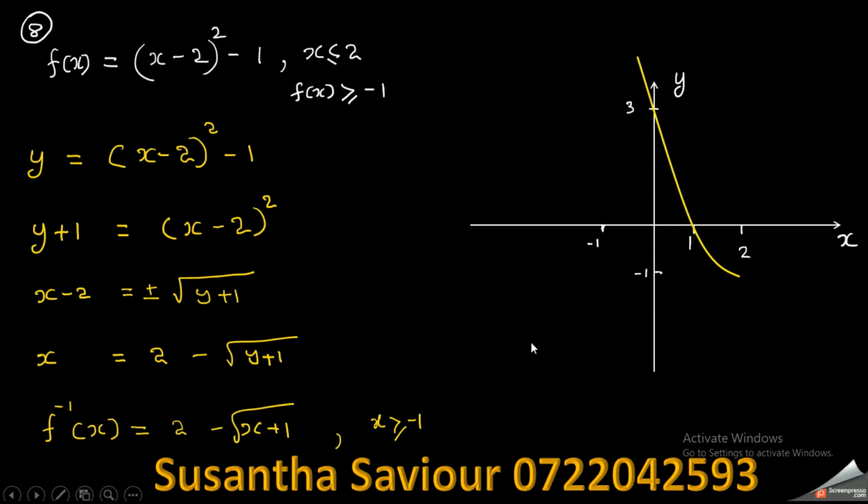We will first draw the line y equals x, and then this point will go to this, and this will be here. So it will be something like this, right? I think you got the hang of it. We will do a few more examples and see.